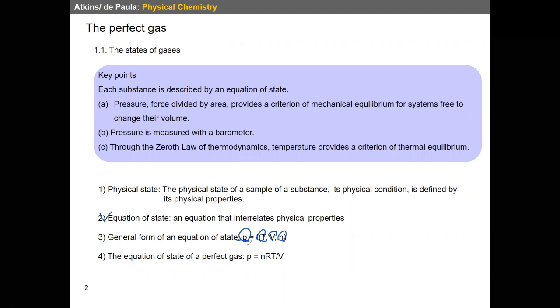Actually, the equation of state of perfect gases is a function of pressure and temperature. So these two factors are the most important factors for understanding the state of a substance. That's why we are focusing on pressure and temperature.